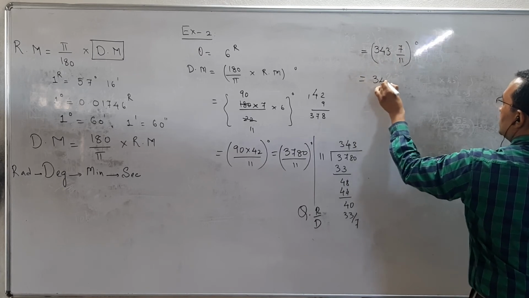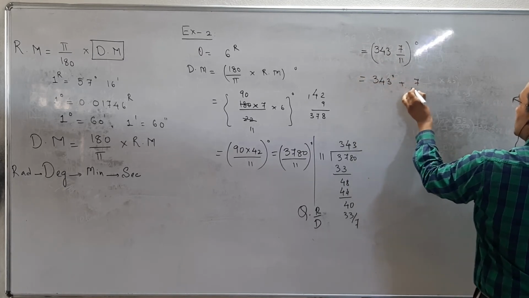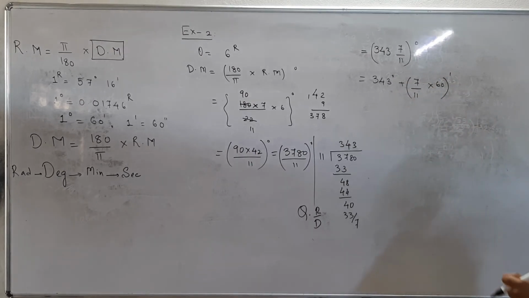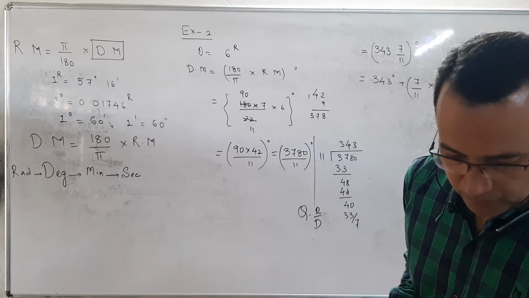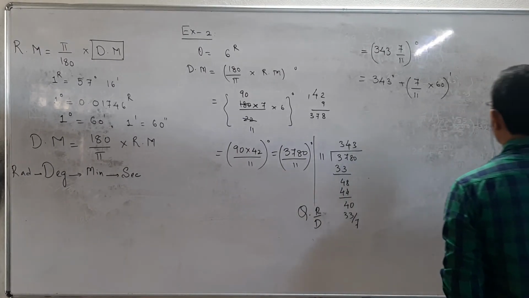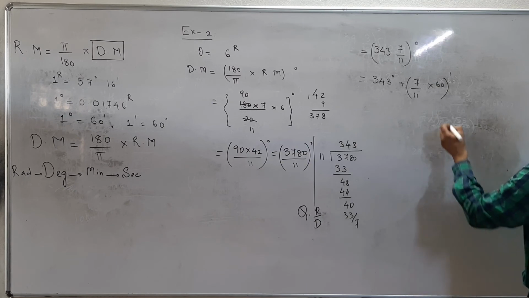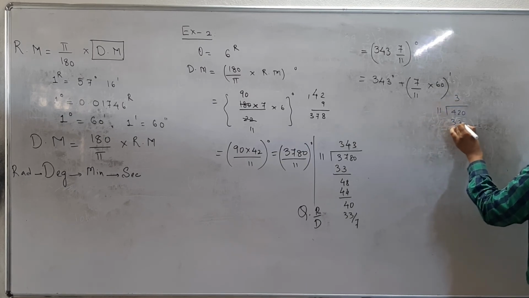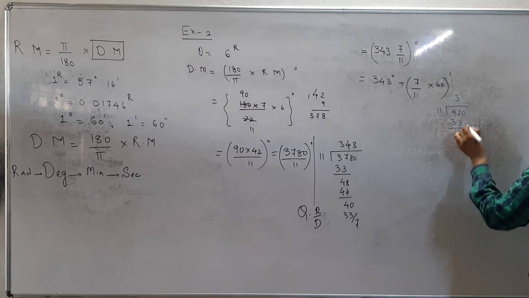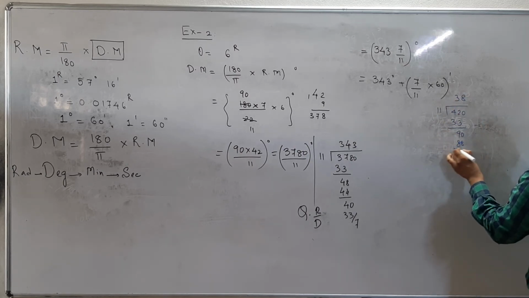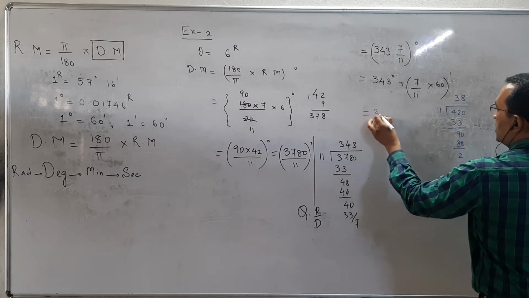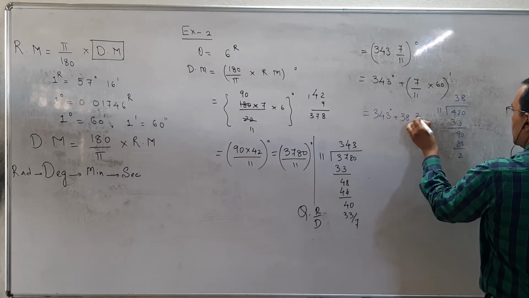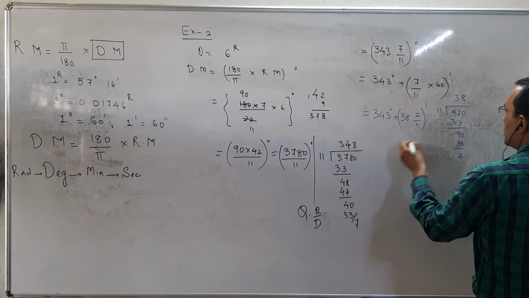Separate out the integer part and fractional part and multiply by 60 to convert it into minutes. So divide 420 by 11. 11 threes are 33, 11 eights are 88. There is a remainder of 2. Write it in the form of Q R by D: 38 and 2 by 11 minutes.